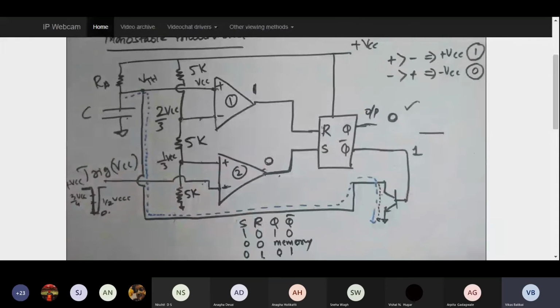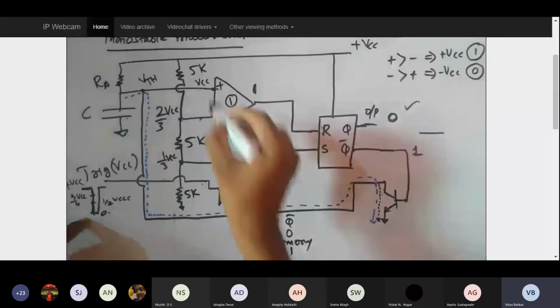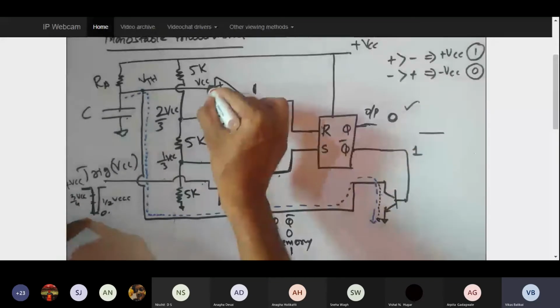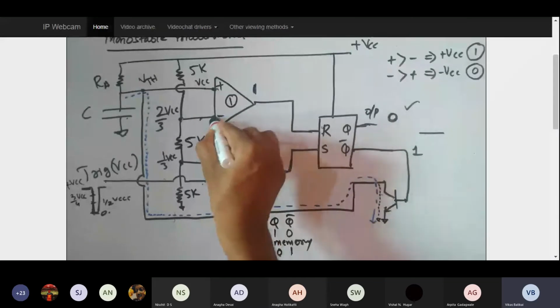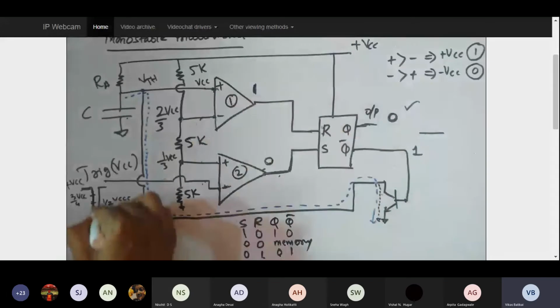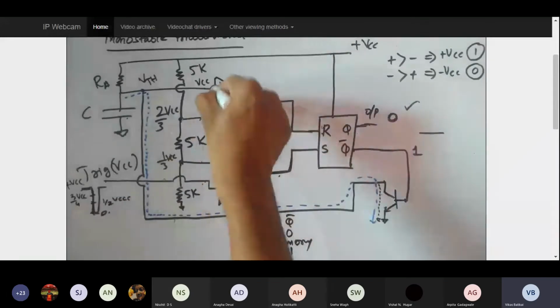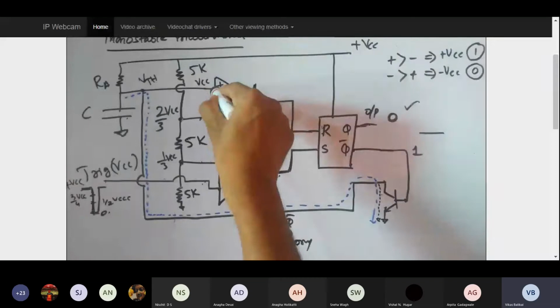Now let's try to decrease the VCC here. VCC starts to decrease. Once VCC starts to decrease, what is going to happen? Look over here. This is decreasing and this is already at 2/3 VCC. Since this is at 2/3 VCC and this is decreasing because my VCC is decreasing, a time will come when this potential is highest.